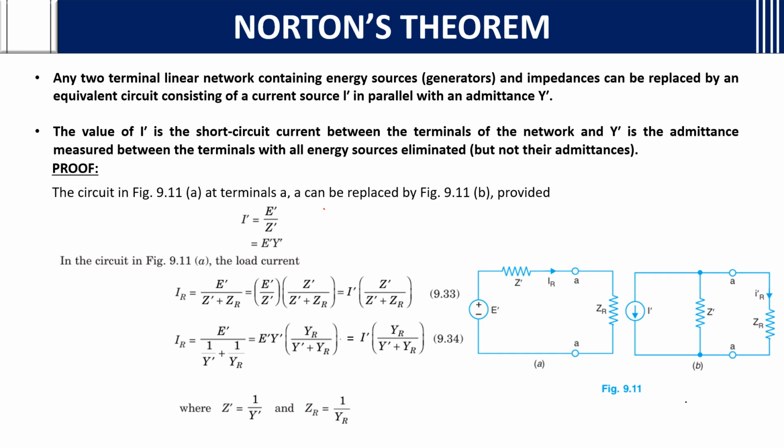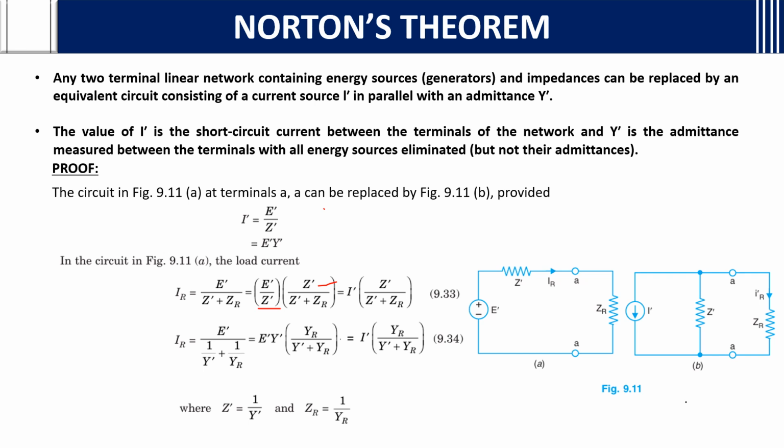So in circuit 9.11a, if you want to calculate the load current, first we will consider this circuit. If you want the load current IR through ZR, then it is the total potential E dash by the total impedance, that is Z dash plus ZR. Then the next step is to multiply and divide by Z dash.